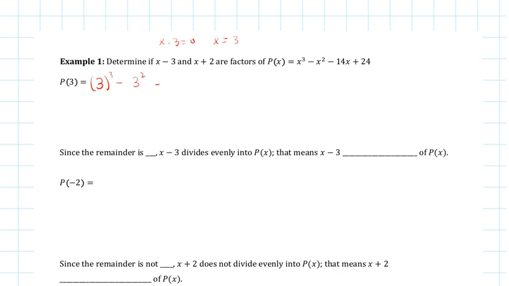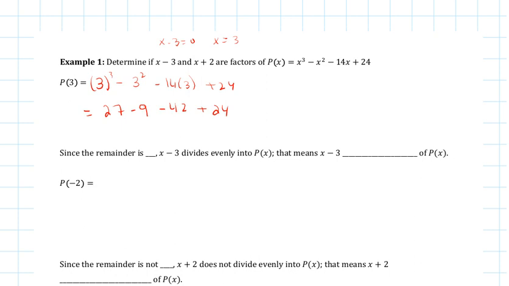So that's going to give me 3 cubed minus 3 squared minus 14 times 3 plus 24, and that equals 27 minus 9 minus 42 plus 24.